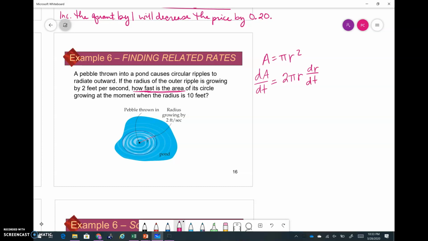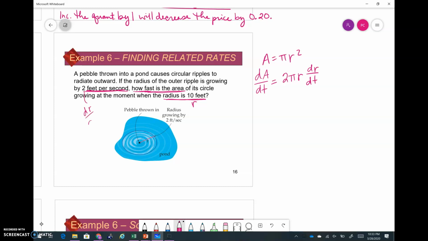Well, I need to now figure out what is dA over dt. And if we go back to the problem, you can see different parts of the r and the dr over dt are given to us. We want to figure out how fast this is growing when the radius is 10 feet. There's our r. We also know that that radius is growing at 2 feet per second.